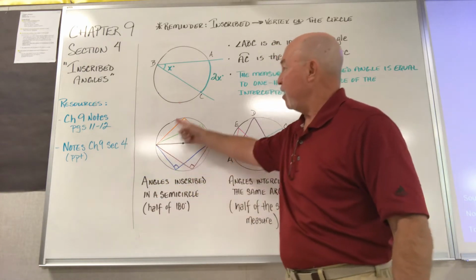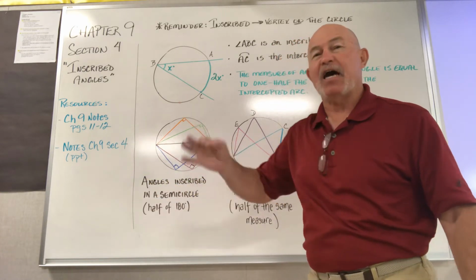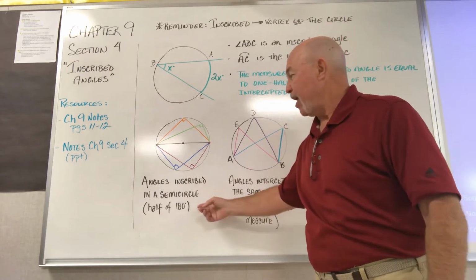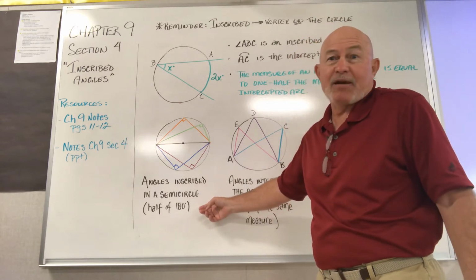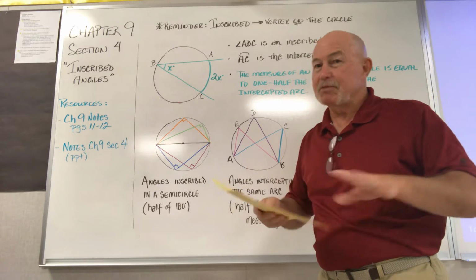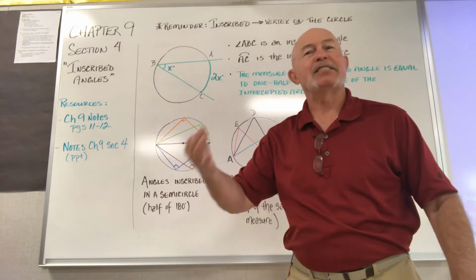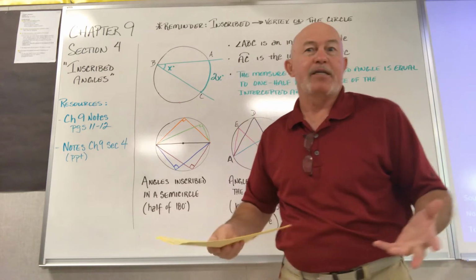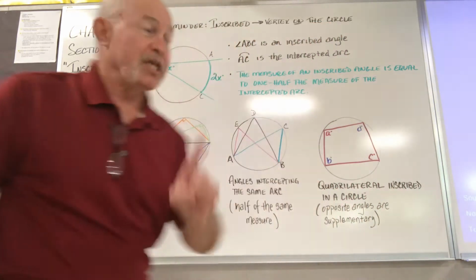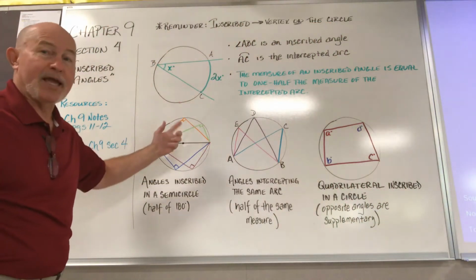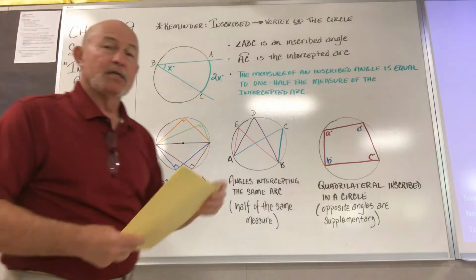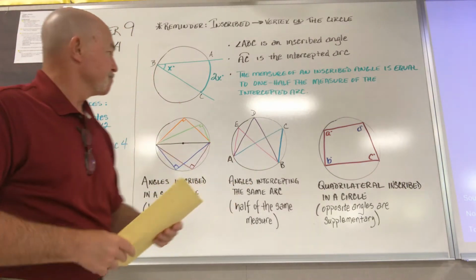So if the angle is inscribed in a half circle, then it is a 90-degree angle. That's just simple math, but it's an additional thing you can see quickly and go, oh wait, that's got to be 90 degrees. Which gives you right triangles as well.